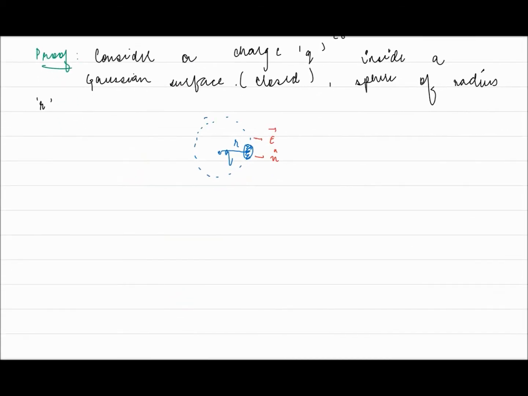So we know that integration of E dot ds can be written as E ds cos theta, as A dot B can be written as A B cos theta, the dot product.